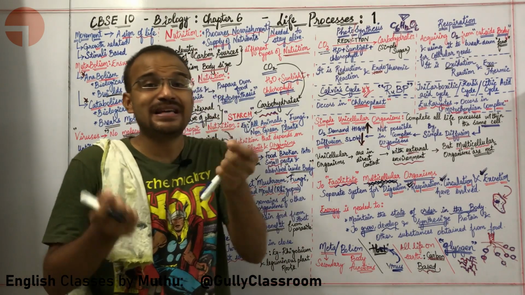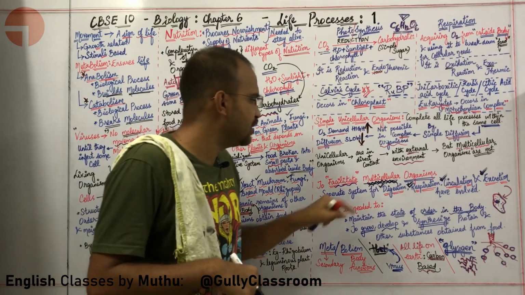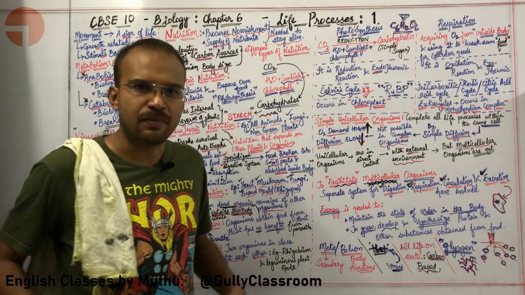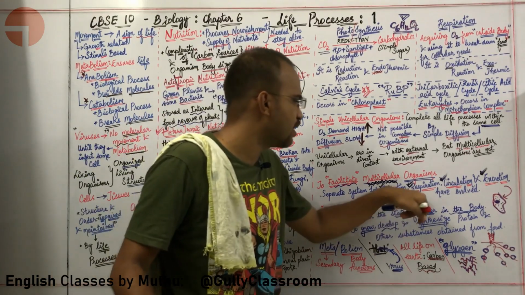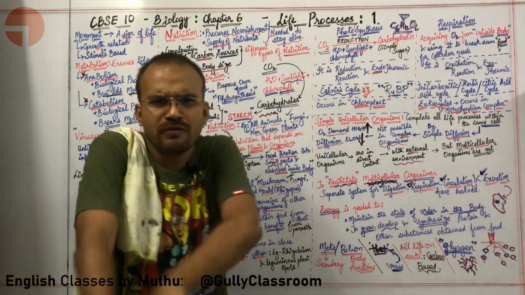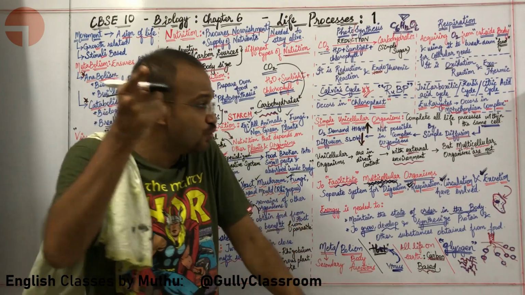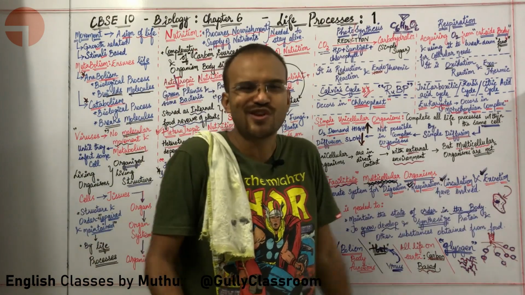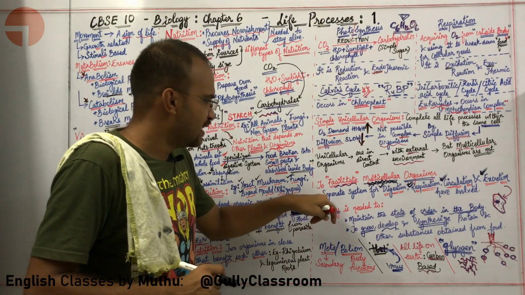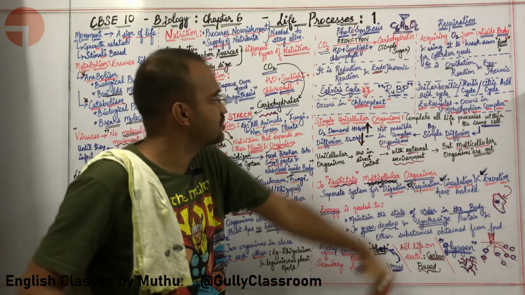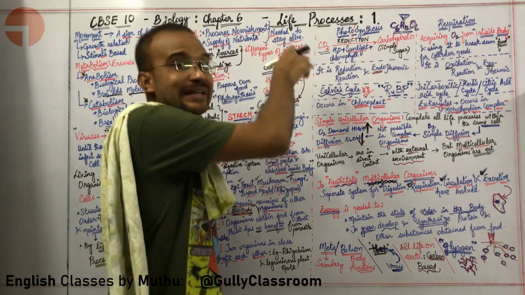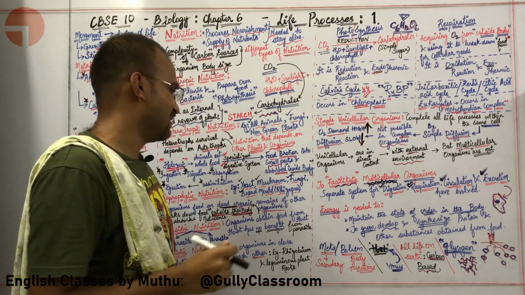Why? Energy has been consumed by your body in order to keep you alive. Digestion is continuously happening. Food is always getting digested in our body. Respiration, breathing, is always happening. Circulation, blood is always flowing through our body. Even if you are not working, excretion is also regularly happening. So digestion, respiration, circulation, excretion are the life processes needed to keep an organism alive.